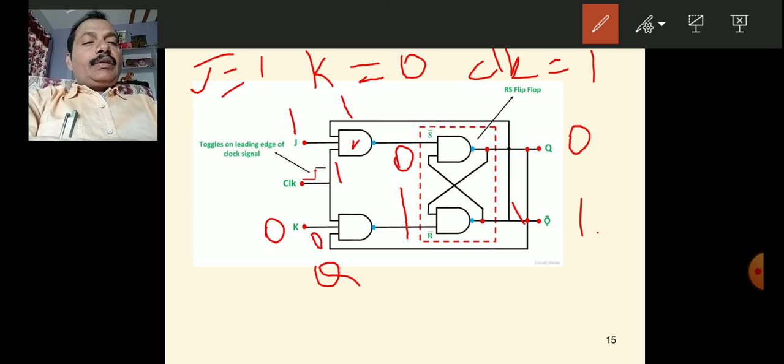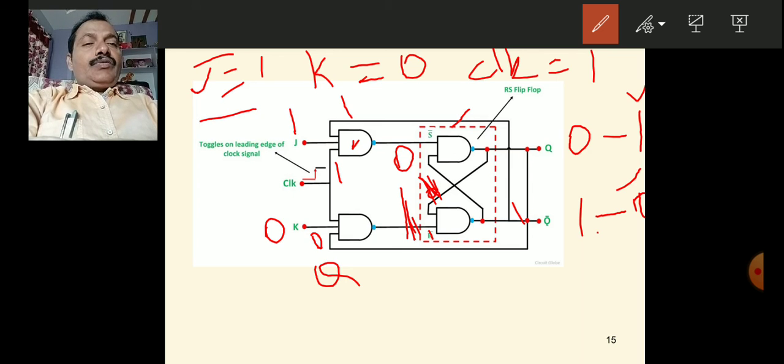Whenever one of the inputs is 0, this NAND gate output is changed to 1 and this NAND gate output is changed to 0, because this 0 feedback here, this is 1, hence the output is 1. This is 1 feedback, this is 1, 1 1 means output is 0. That means it is changing.